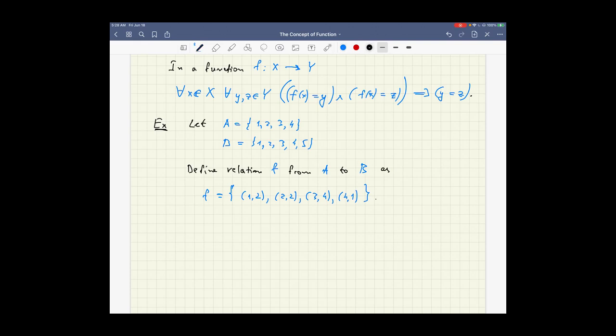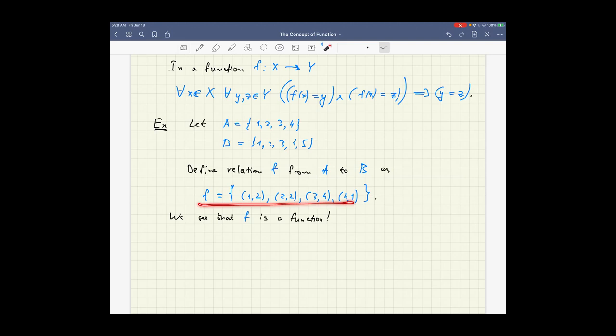And we can easily see that F is a function. Why is that? Why is F a function? Well, F is a function because every first coordinate from A is paired with exactly one element of B. Right?